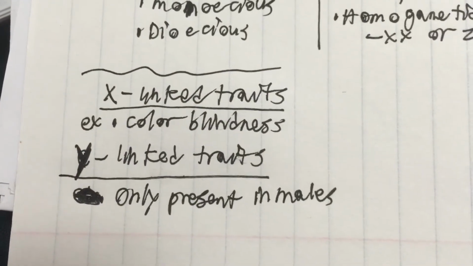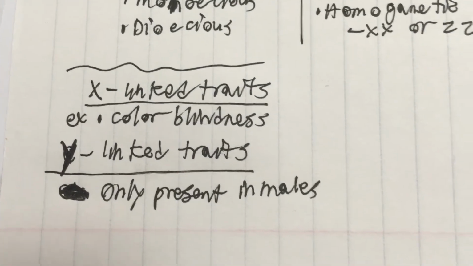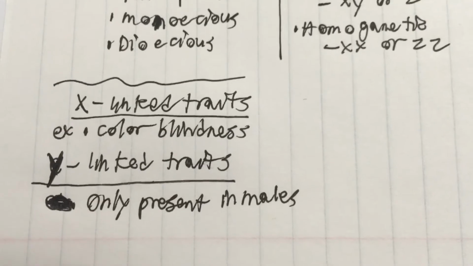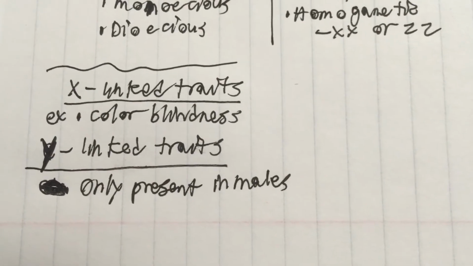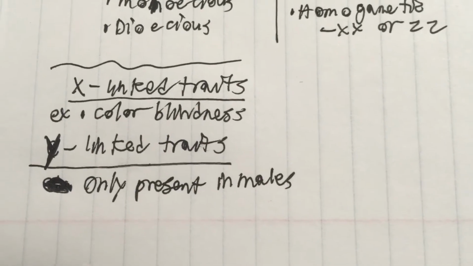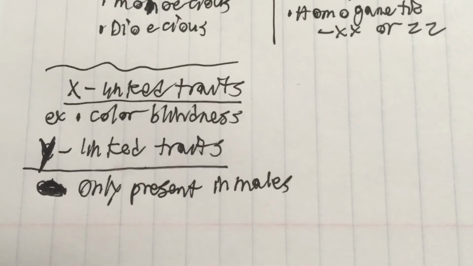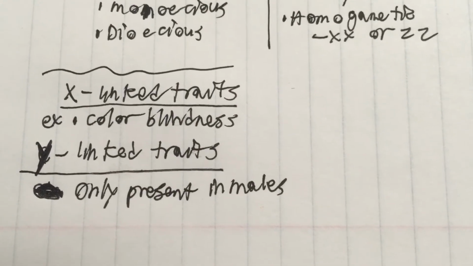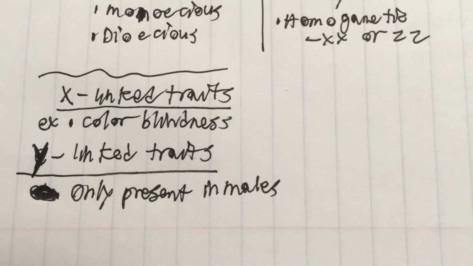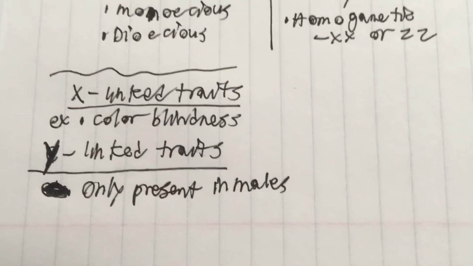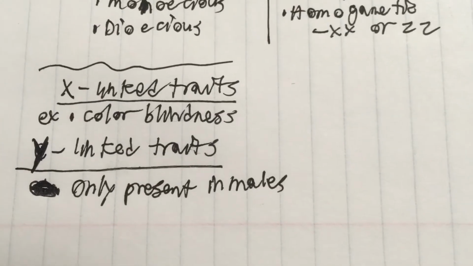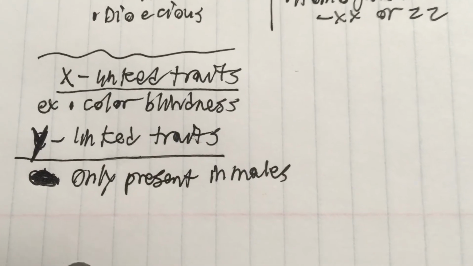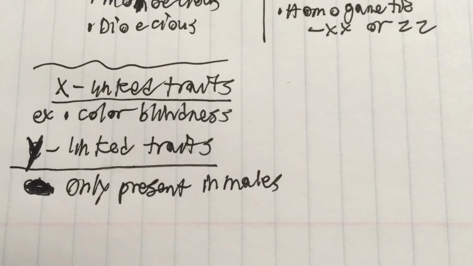Now let's talk about sex-linked traits. We can have traits that are either X-linked or Y-linked. X-linked, obviously you can get them from your mom, and they can still be passed down from your dad, but only if you end up with a girl. Because logically, the mom would give an X, and if the dad gives an X, then you get a girl, and then that girl would have the X-linked traits passed on from the dad, which the dad got from his mom.